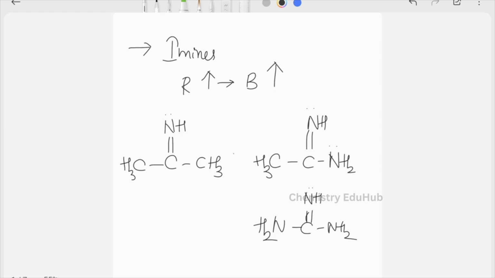So here it's the monosubstituted, disubstituted and trisubstituted. So the first compound being less basic compared to the second compound compared to the third compound. So in case of imines, with the increase in the resonance effect, the basic nature is increasing. This is an exception for the general cases.